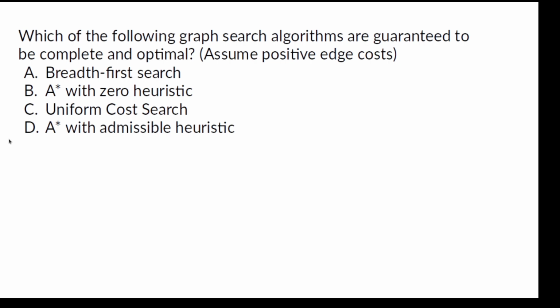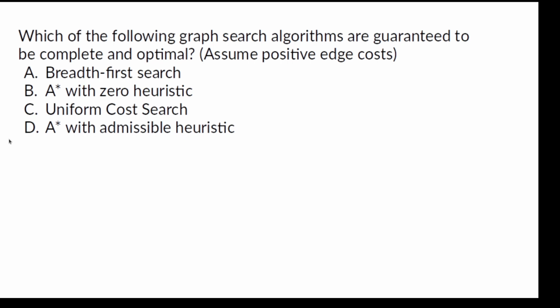Which of the following graph algorithms are guaranteed to be complete and optimal? There are a few graph algorithms, and it is asking which are guaranteed to be complete and optimal. Complete means if a solution exists, the algorithm will always give it to you. What is optimal?